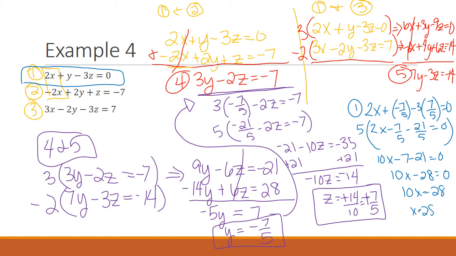X equals 28 over 10, which if you divide both top and bottom by 2, you get 14 over 5. And that is your last piece. So in XYZ form, our x is 14 over 5, our y is negative 7 over 5, and our z is positive 7 over 5. And that is our solution.